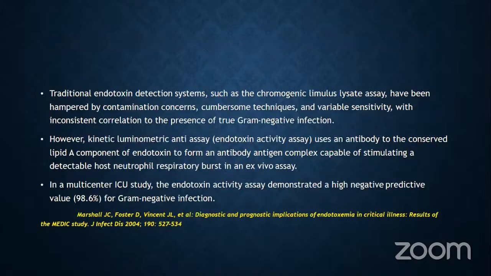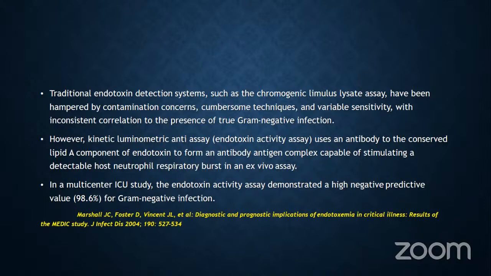Traditional endotoxin detection systems such as the chromogenic limulus lysate assay have been hampered by contamination concerns, cumbersome techniques, and variable sensitivity and inconsistent correlation to the presence of true gram-negative infection.